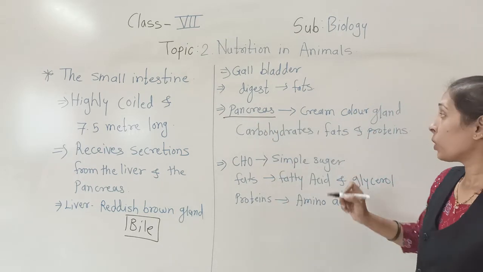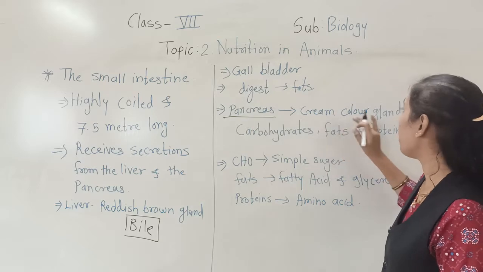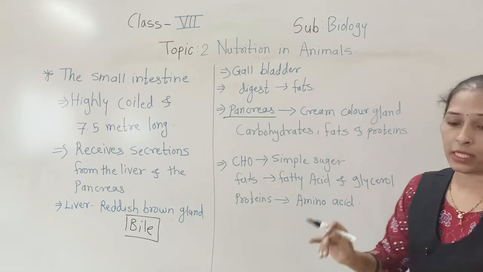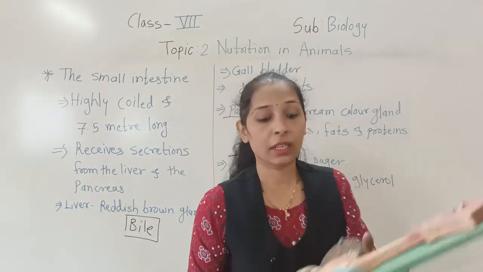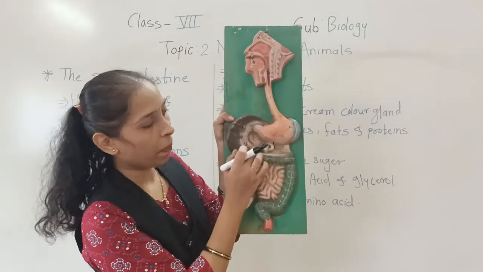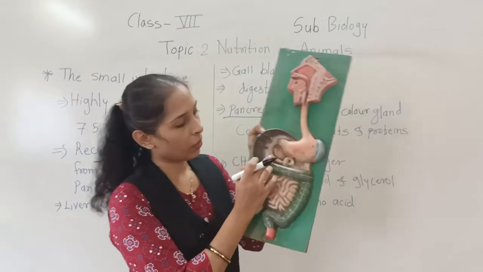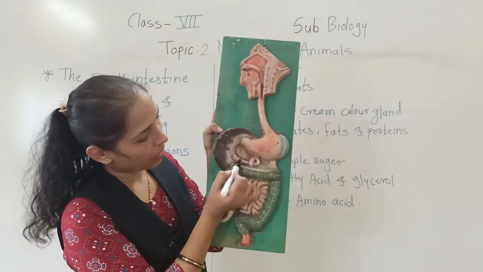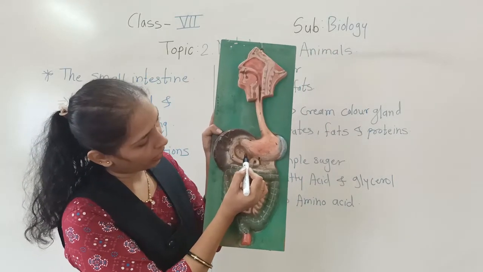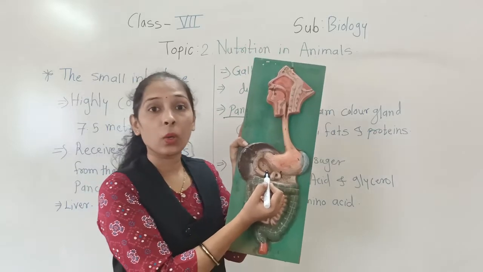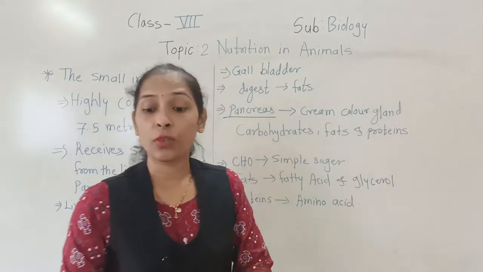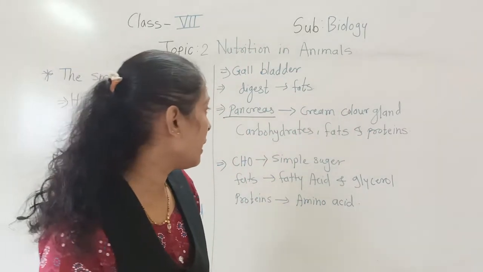Pancreas. Okay. The pancreas is a cream color gland, which is situated below the stomach. Okay, so here you can see this is the cream color gland, which is placed below the stomach. Next, which type of secretions are present in the pancreas?